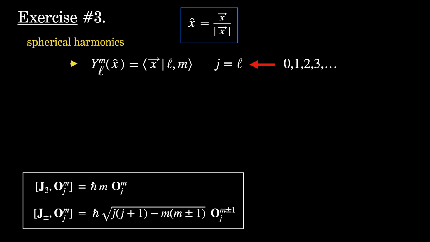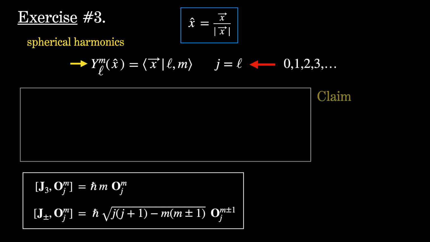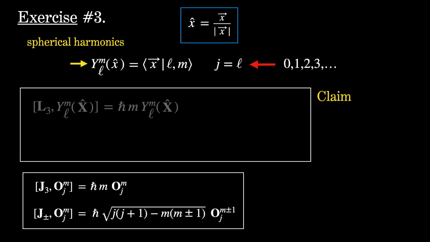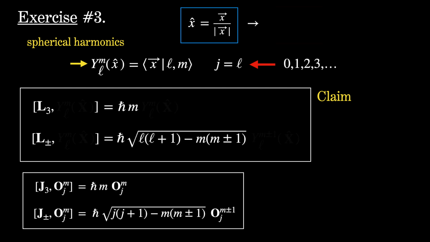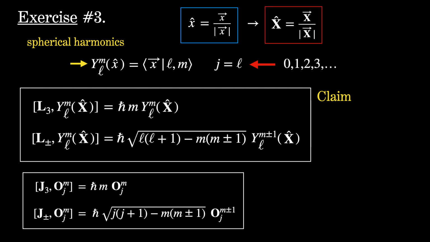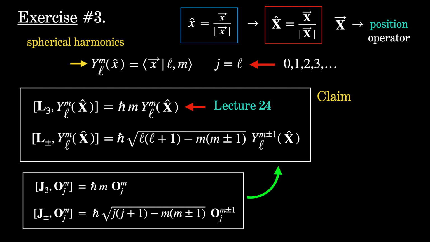The claim is that the spherical harmonics would satisfy this set of commutators if we replace its argument with the operator counterpart, where the position vector is replaced by the position operator. In lecture 24, we have already gone through how you could prove the first of these relations using the properties of the spherical harmonics. For this exercise, you will need to prove the second relation.